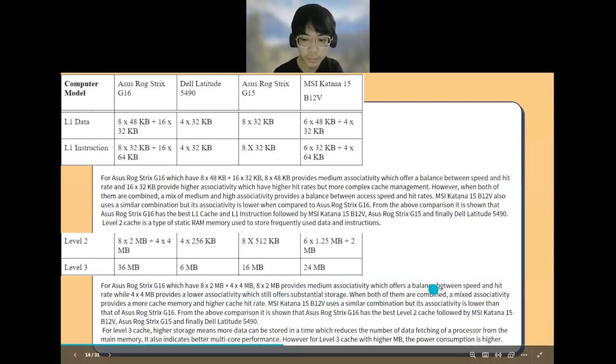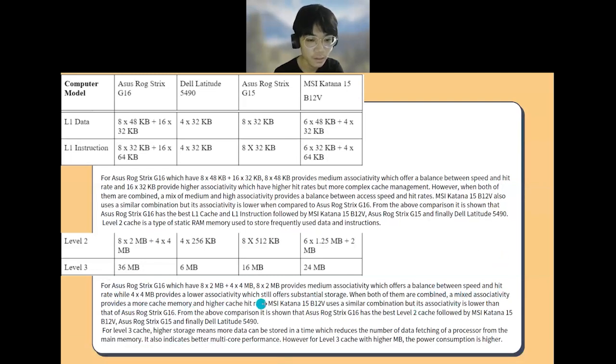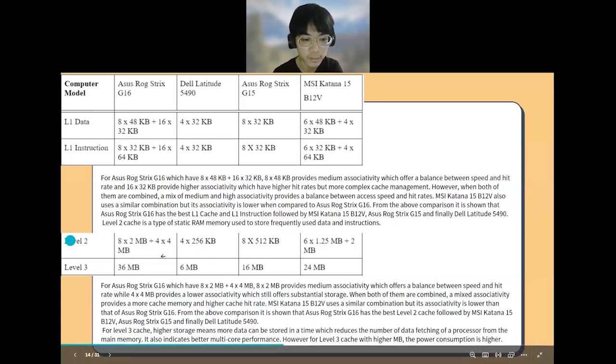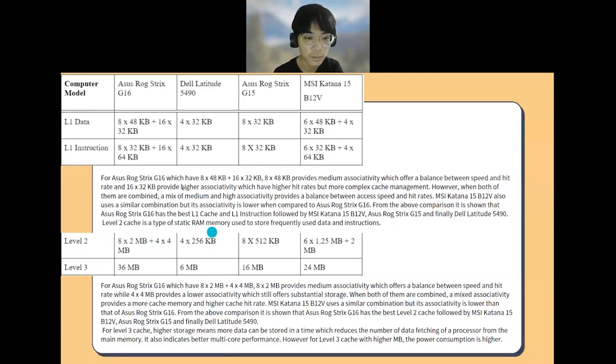So when both of them are combined, the mixed associativity will provide a larger cache memory and a high cache hit rate, which overall increases the performance of the CPU. So it's considered the best combination and the best level 2 cache when compared to the other laptops.